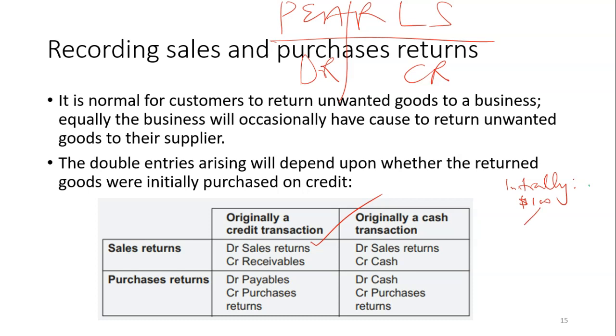We had debited the receivable and credited sales. That was the initial transaction. But $10 worth of goods were returned.